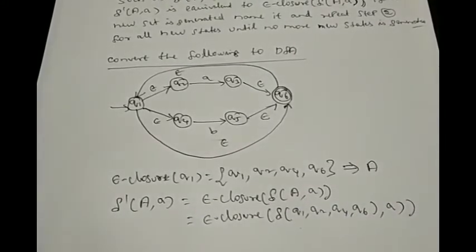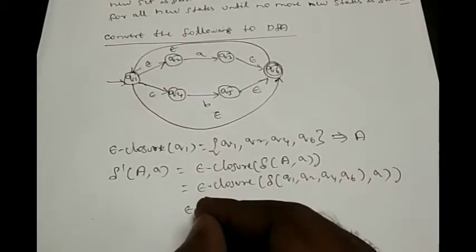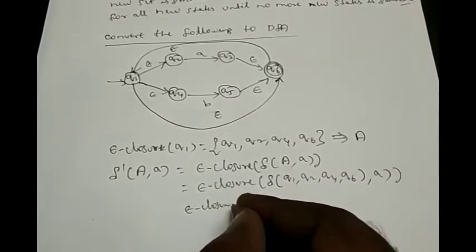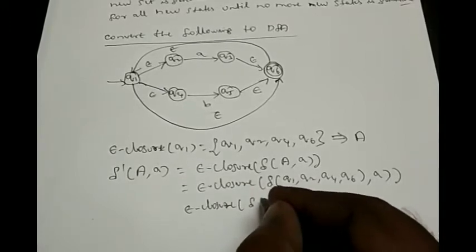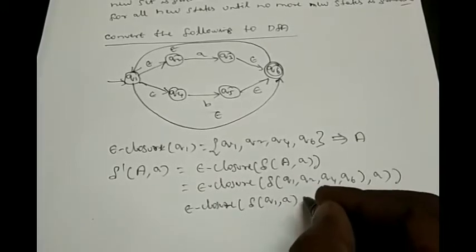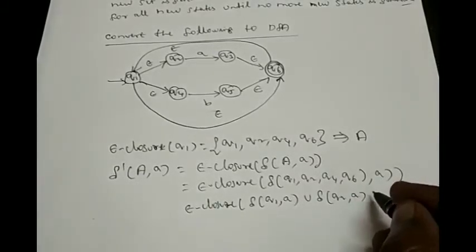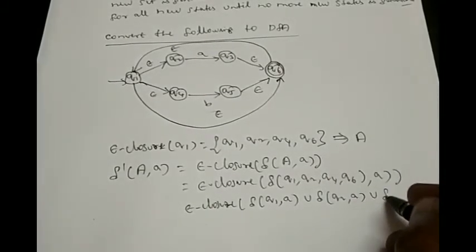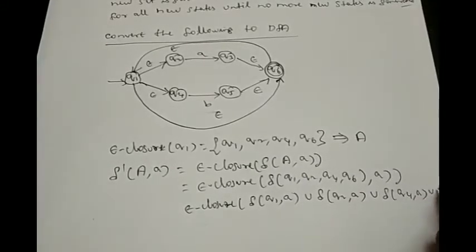In short, you have to take the epsilon closure of delta of Q1 comma a, union delta of Q2 comma a, union delta of Q4 comma a, union delta of Q6 comma a.